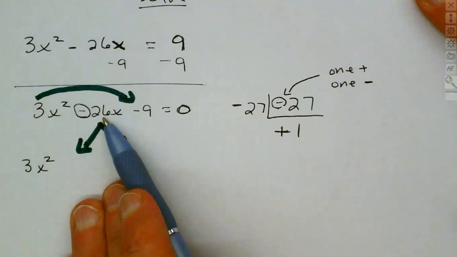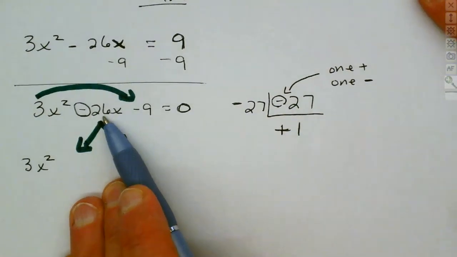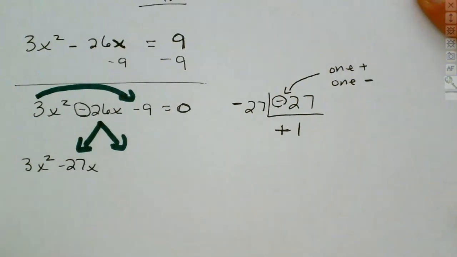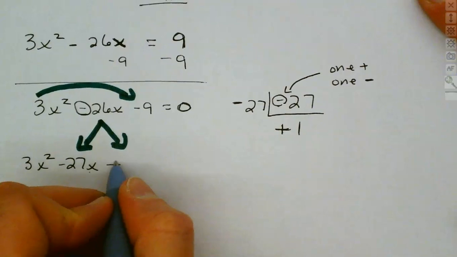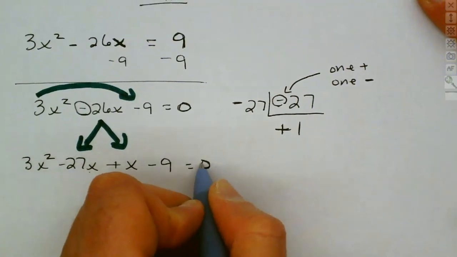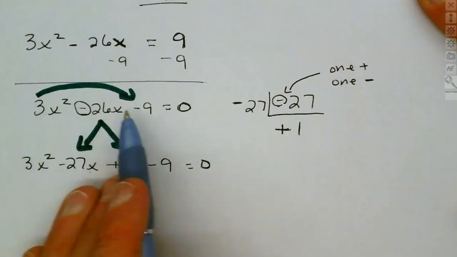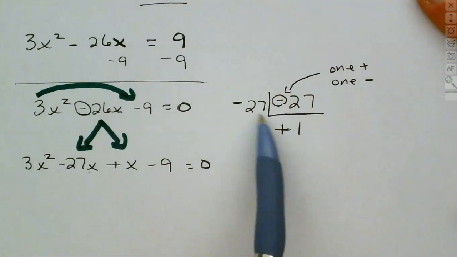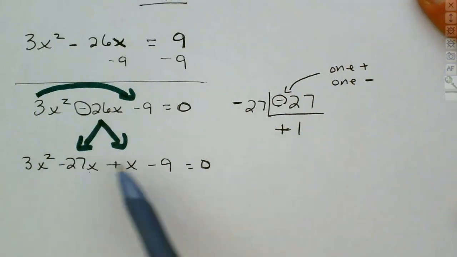And then what about minus 26? Well, minus 26, that's a minus 27, plus 1. So that's a minus 27x plus an x minus 9 equals 0. So the last stays the same and the first stays the same. We split the middle into two pieces.